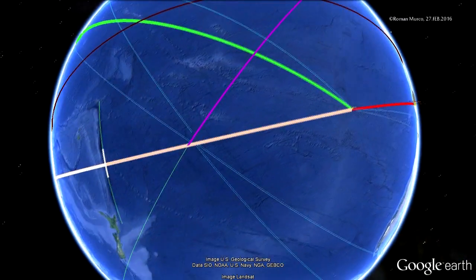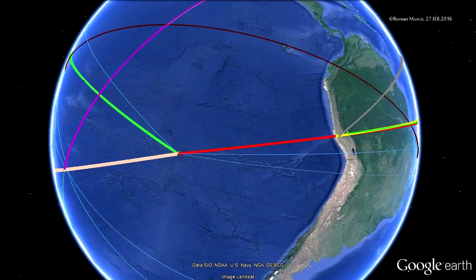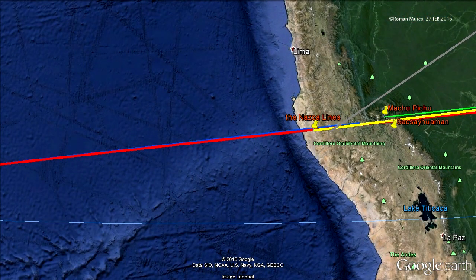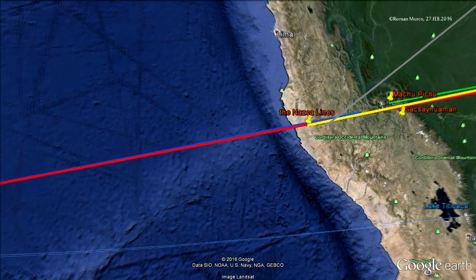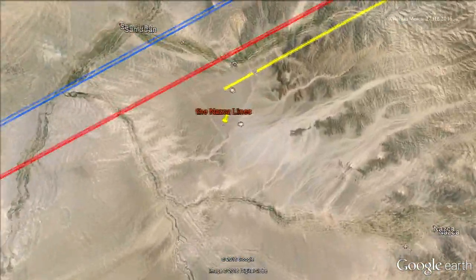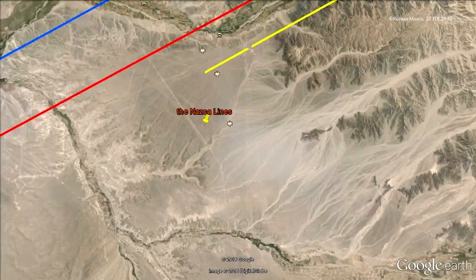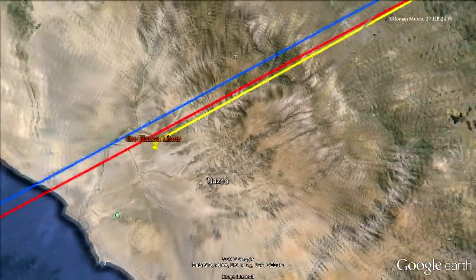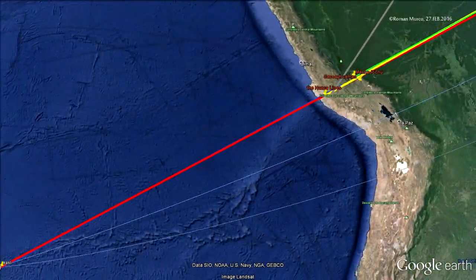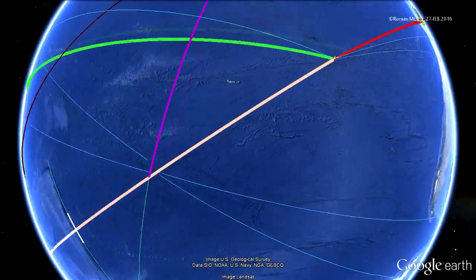And what's very interesting is when we take the distance from Nazca to here, I mean, this is no way a natural formation.